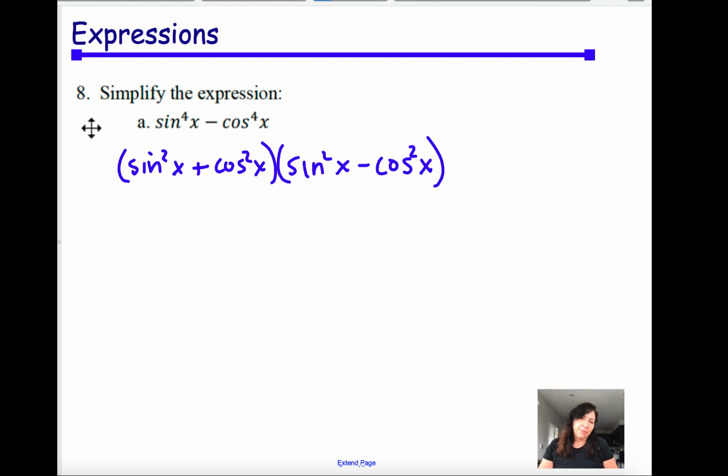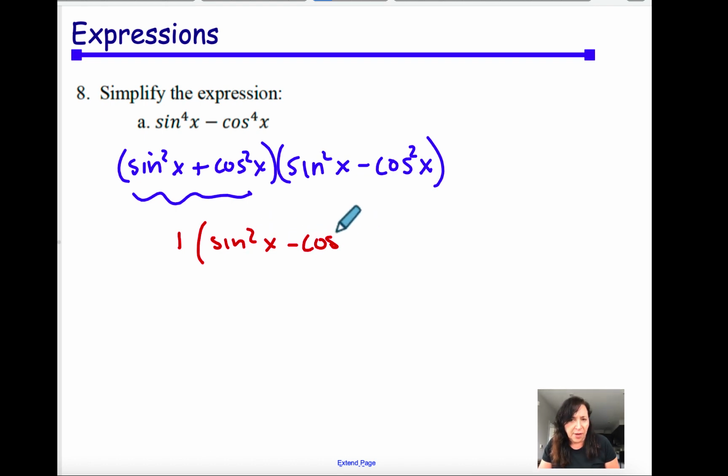Now, first of all, this right here is one of my Pythagorean identities, and that's 1. And so that's 1 times sine squared of x minus cosine squared of x.